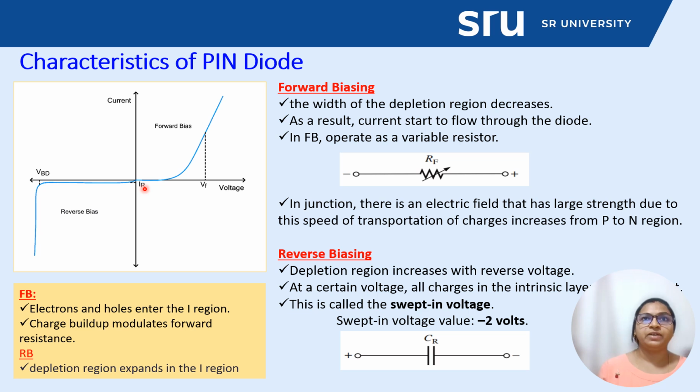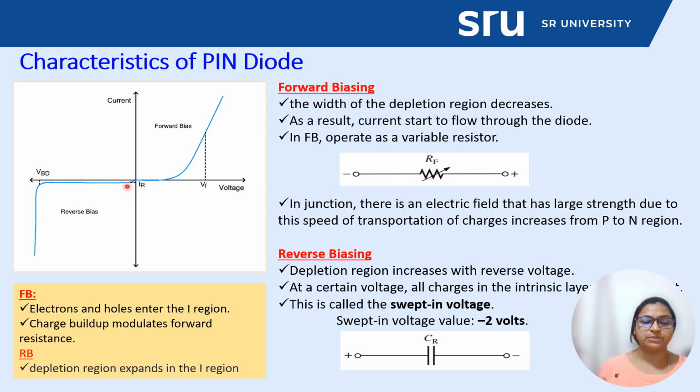In reverse bias, we can see a very small leakage current up to breakdown. The breakdown voltage is very high, like 400 volt, and then suddenly the current surges. It is higher than a PN diode because of the very wide depletion layer.